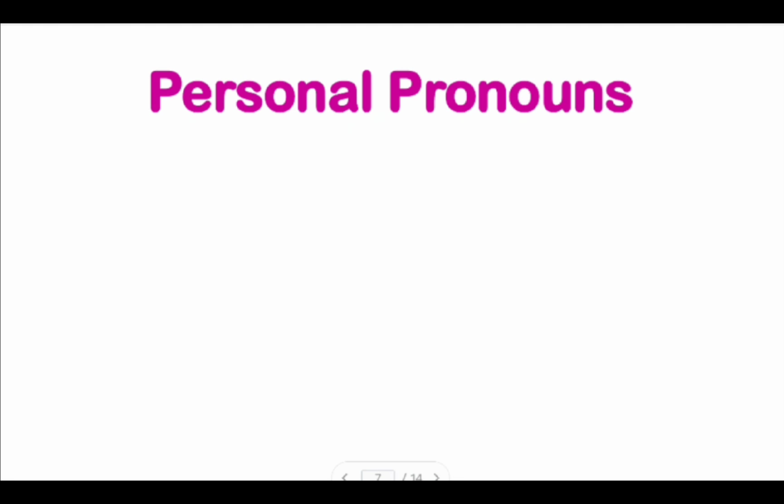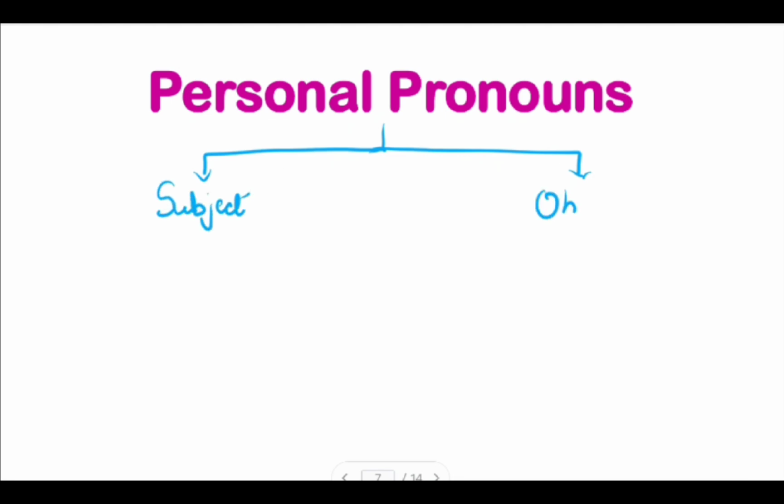And the list goes as he, she, it, you, we, they, I. But as you grow up, you have classifications, right? So personal pronouns also are classified as the subject personal pronoun and the object personal pronoun.